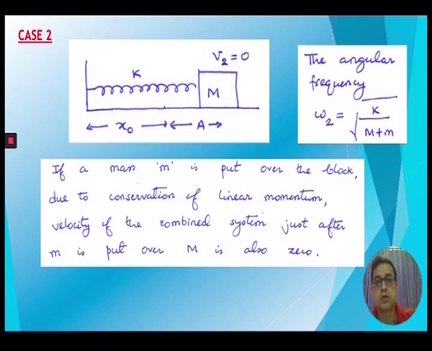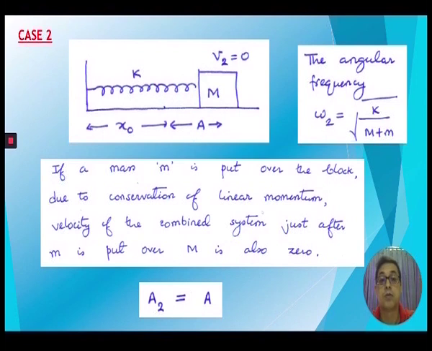Because you are already at the extremum position, velocity is 0. When you put it there, no external force is there. You are putting it just gently without applying any force, without disturbing the system. So momentum has to be conserved, and the velocity of the combined system is going to be 0 again, because of conservation of linear momentum.